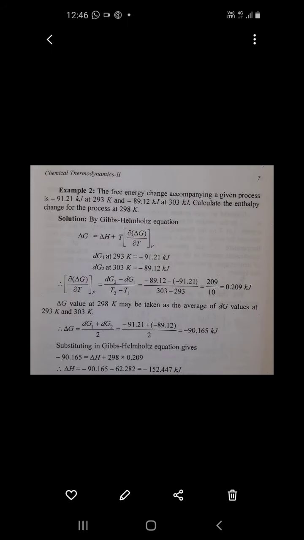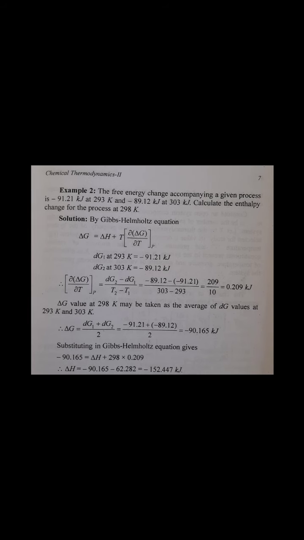We will take another important problem on the same equation: calculate the enthalpy change for a process whose free energy change is minus 91.21 kilojoule at 298 Kelvin and minus 89.12 kilojoule at 303 Kelvin. Calculate the enthalpy change for the process at 298 Kelvin.